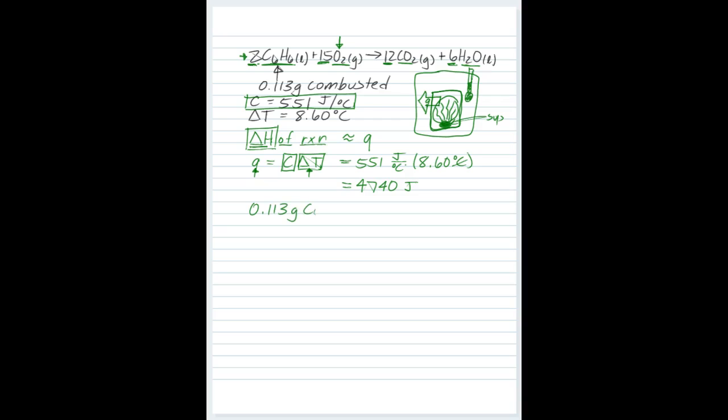So we have to figure that out. How many moles of benzene is 0.113 grams? We know how to figure that out. We use our gram to mole conversion, and I just estimate carbon as 12, so 12 times 6, plus 1 times 6 for hydrogen. About 78 grams per mole.